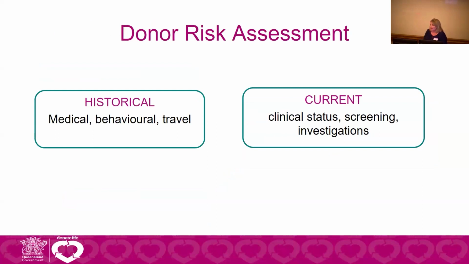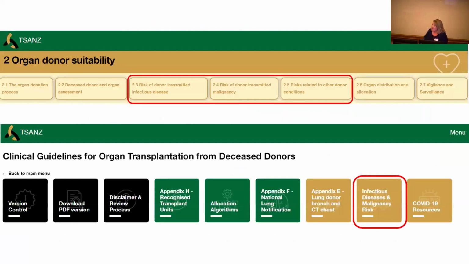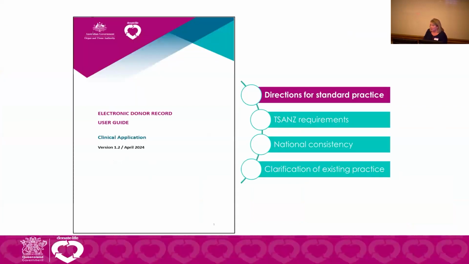So we are looking at records and seeking families' information. We're very much guided by our transplant society's organ donor suitability clinical guidelines. So we don't just go off and do what we want. We follow specific guidelines here in Australia.